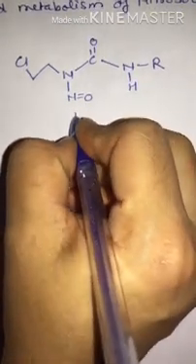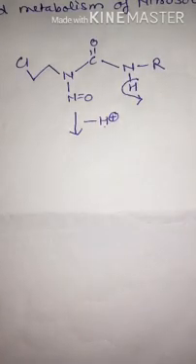There is hydrogen, then the other group is R. This structure undergoes a deprotonation reaction, so I will write down here minus H plus. This proton is released from the nitrogen. Once it is released, it leaves a lone pair of electrons on the nitrogen.